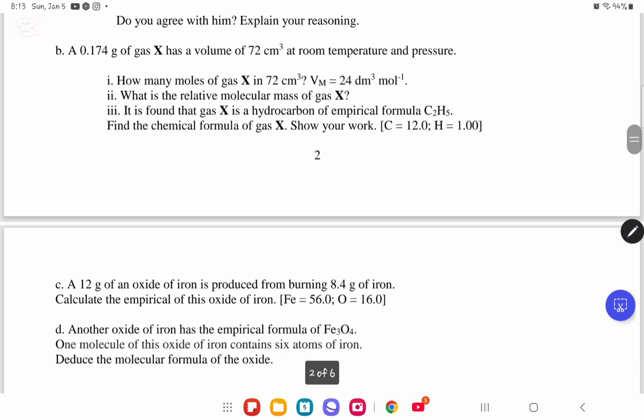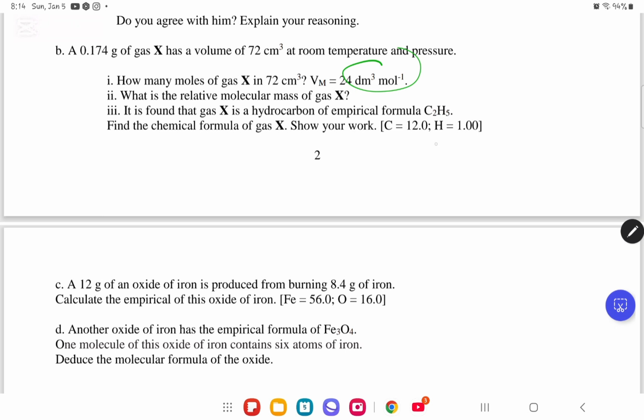Now part B, a 0.174 gram of gas X has a volume of 72 centimeter cubed at room temperature and pressure. So how many moles of gas X in 72 centimeter cubed, given that the volume is 24 decimeter cubed?